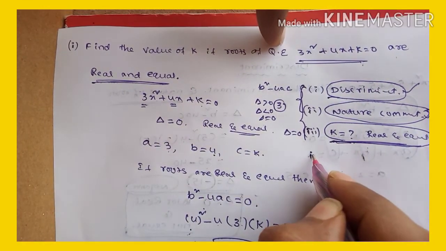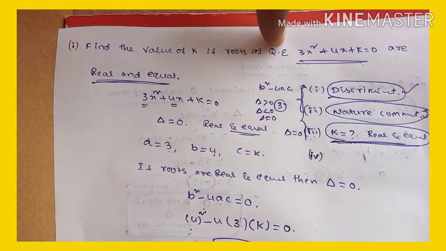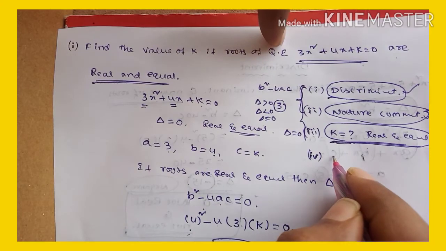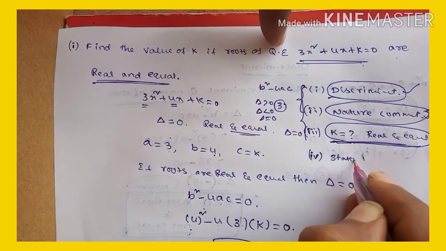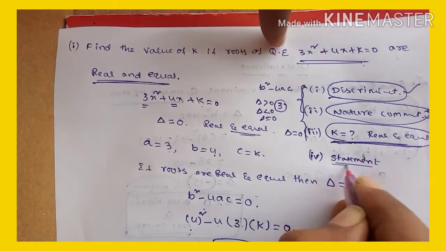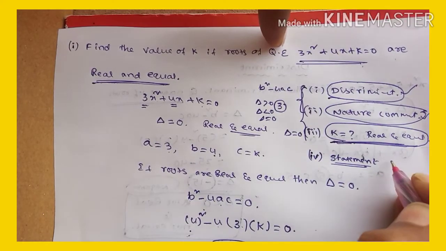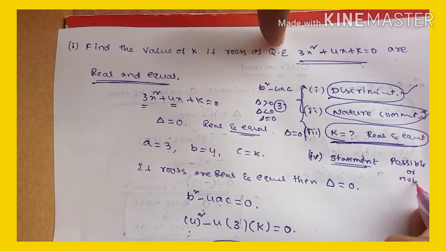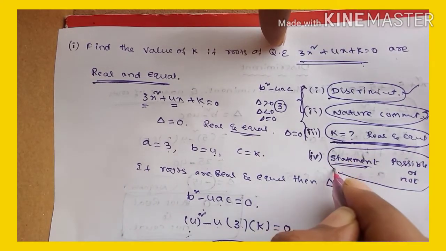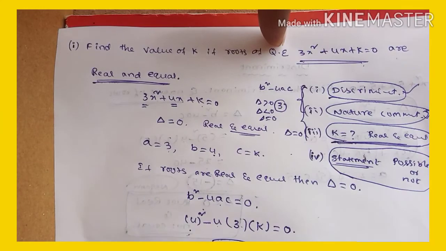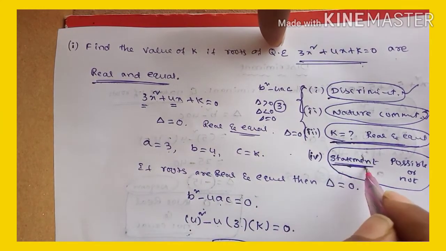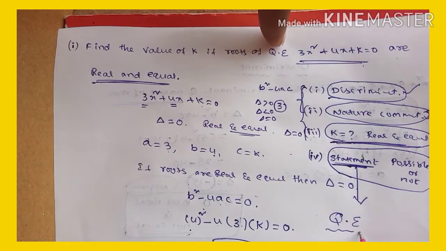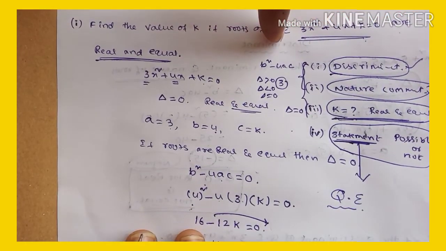And one more concept in our textbook, a fourth model, based on the discriminant. That is, if we are given any statement or a situation, is it possible or not? That we can decide based on the discriminant only. If the statement is given, we have to convert it into a quadratic equation.